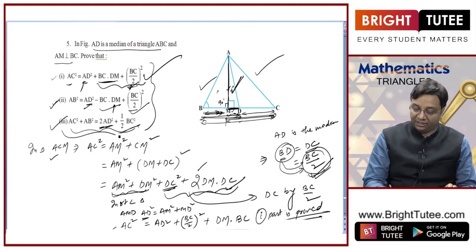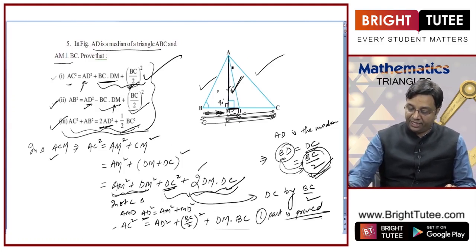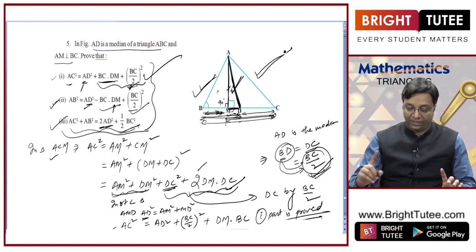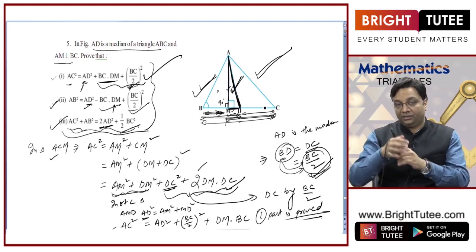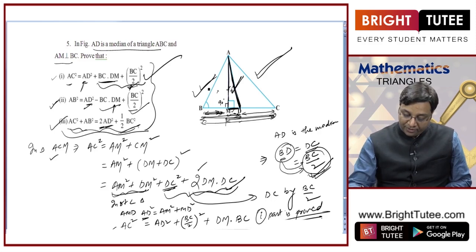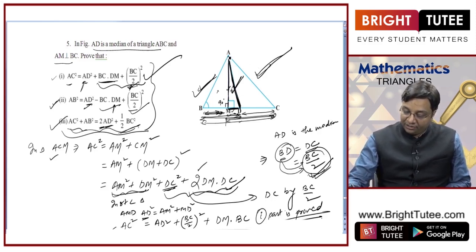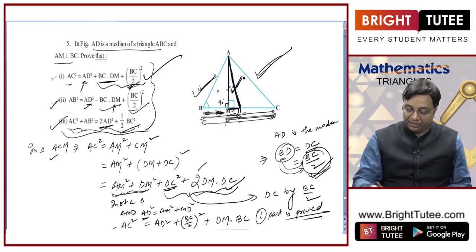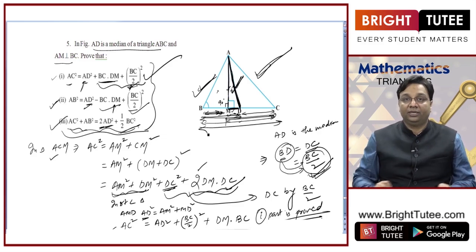See, if you notice this result, AD is the median in this triangle ABC. So what did I get as my final result? That AB square plus AC square, the sides from the joining point of which the median is dropped, AC square plus AB square is equal to twice of the median square AD square plus half of the opposite side square.